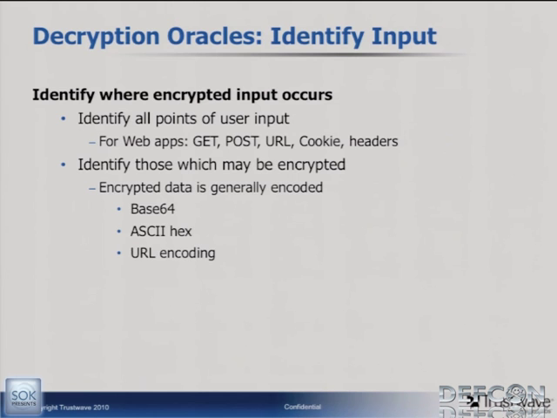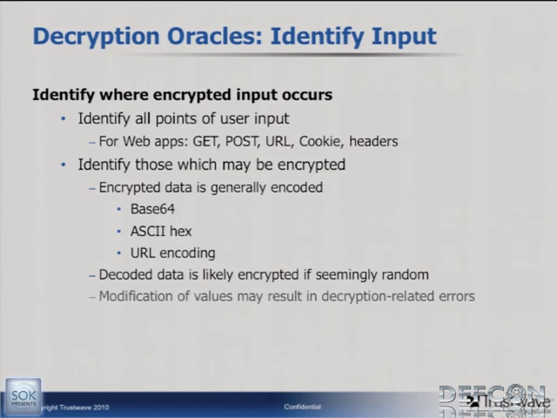Usually when you have encrypted data, it spans a pretty wide character set, so it's not really possible to put that through the majority of systems, and something might be interpreted as a meta character. So usually you have some sort of encoding scheme, whether that's URL encoding or base64 encoding or just putting it to ASCII hex. If you decode that data and it looks random, and there are some tools out there for doing entropy analysis to see how random it is.